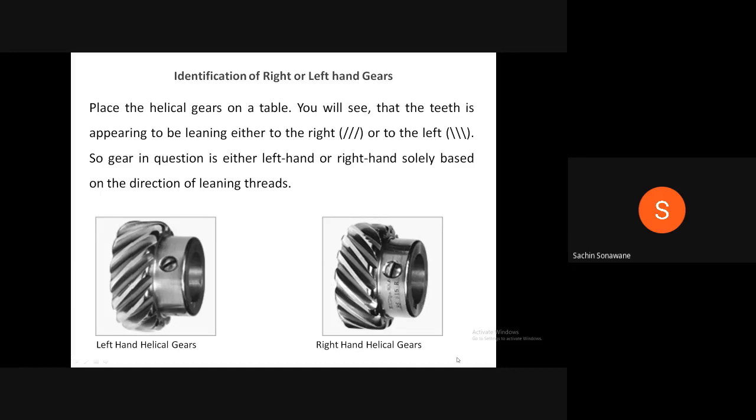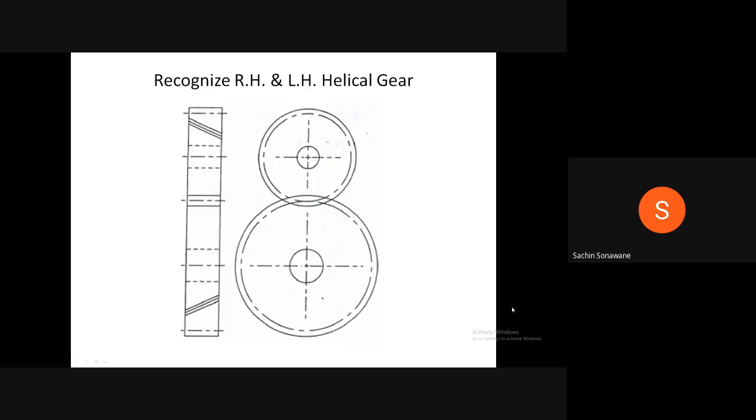Always remember, when two helical gears are in contact with each other, right hand helical gear is in contact with left hand helical gear. Now, how to recognize left hand and right hand? See that this upper pinion is right hand helical gear. If you produce the teeth, it will intersect towards the right side of the axis.